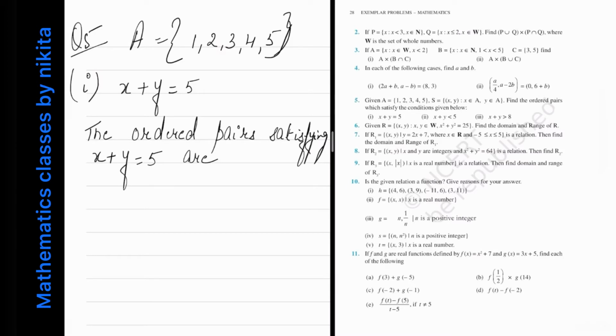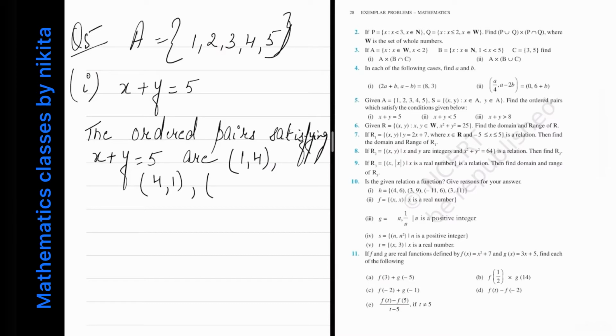What we will do is we'll start with x equal to 1 because both x and y are coming from A. So when x is 1, y has to be 4 because I want x plus y to be 5. So therefore the first ordered pair is 1 comma 4. Now if 1 comma 4 belongs to this, then 4 comma 1 will also be there because 4 plus 1 is also 5. But 1 comma 4 is not equal to 4 comma 1.